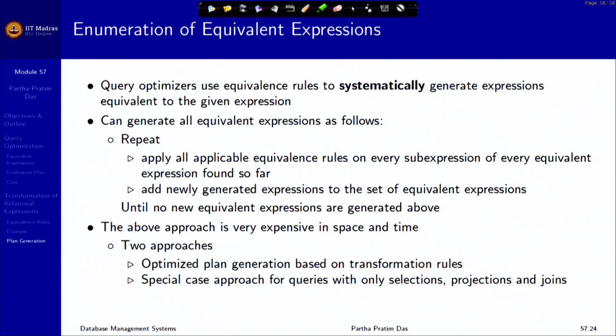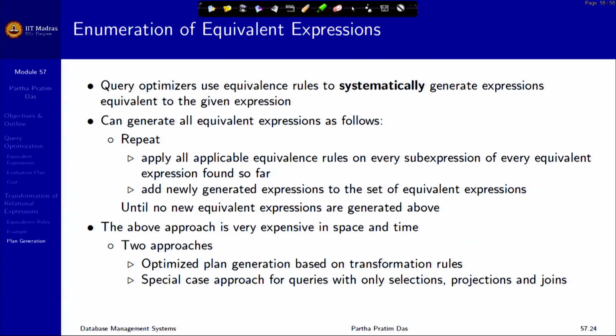So, these are the different ways to generate alternates. The actual query evaluation plan will get generated by the query optimizer using these equivalence rules in a systematic manner, because it is not known how many equivalent expressions there would be. Right.